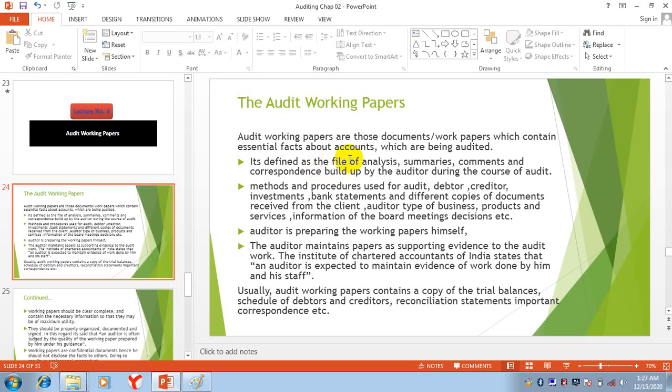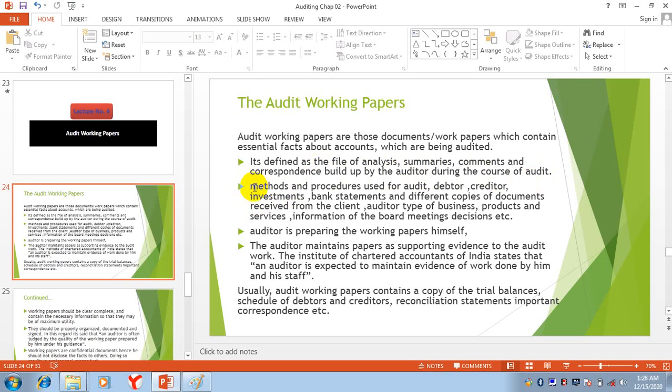Here correspondence means that if someone is responsible, we call it explanation. And sometimes, suppose there is an asset written in the balance sheet, the auditor practically goes and checks whether it is present or not during the course of audit. So we call it working papers.